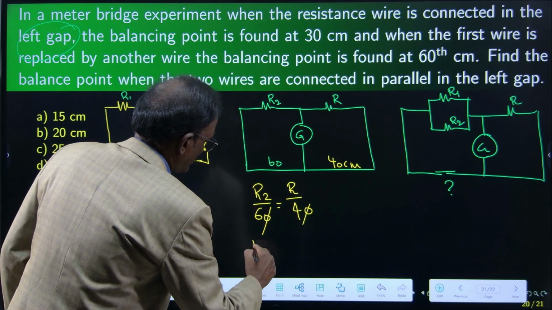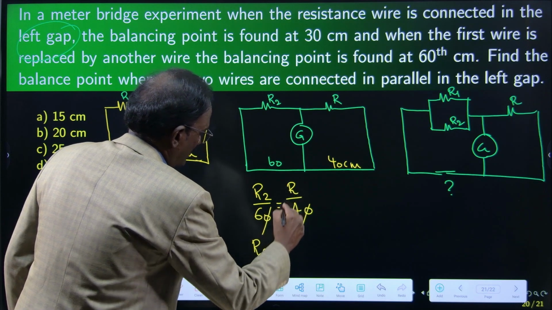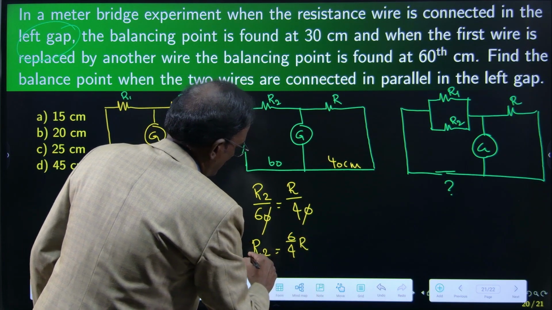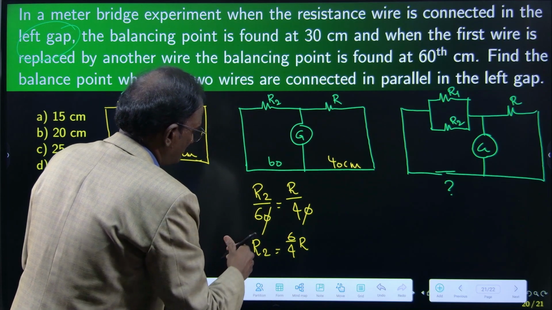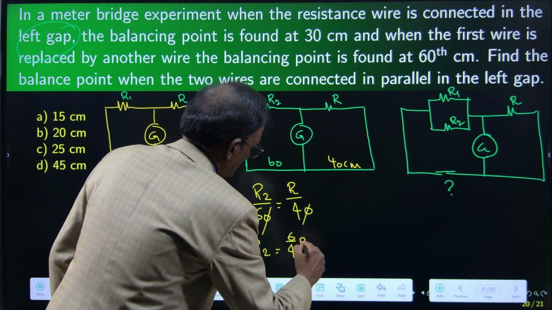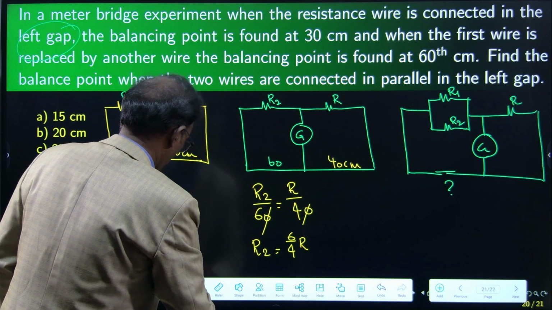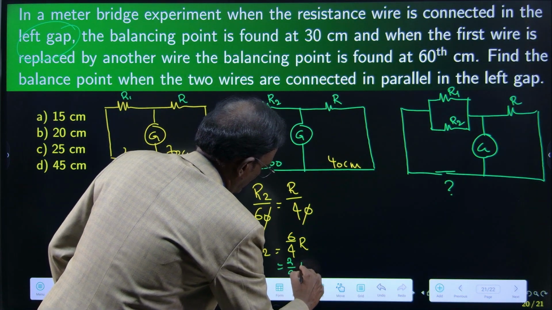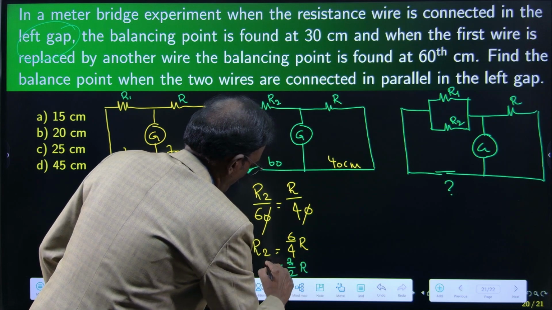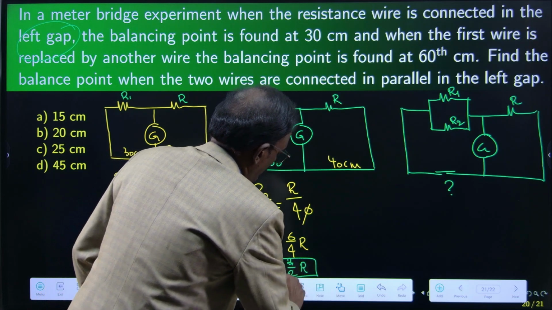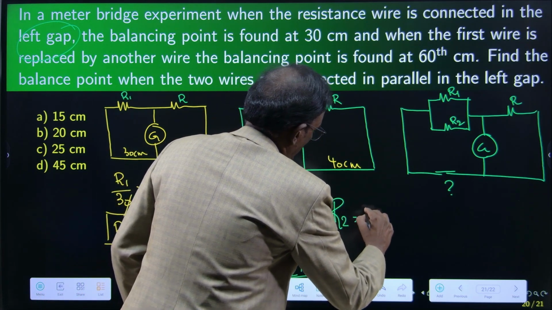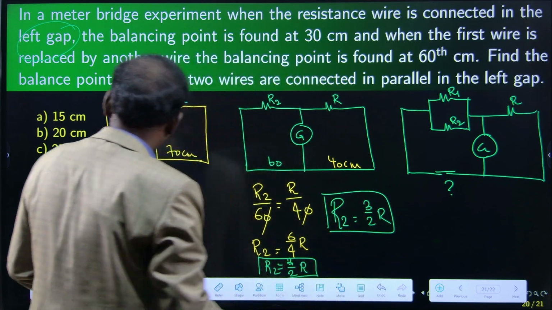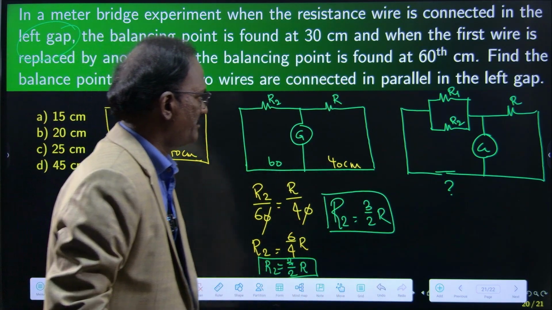Then R2 is equal to 6 by 4 R, or we can write 3 by 2 R. So R1 is 3 by 7 R, R2 is 3 by 2 R.